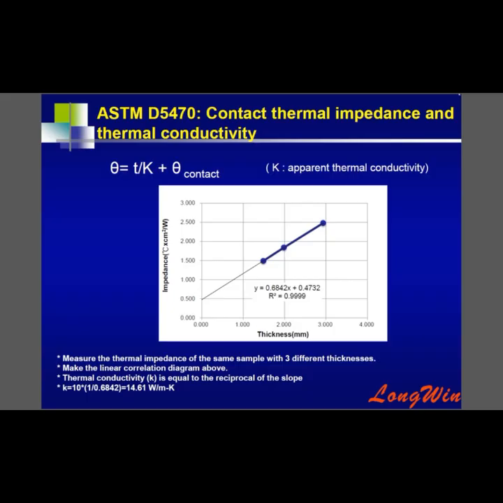But if we can know the contact resistance at first, then the total impedance minus contact resistance, we can get the material's resistance. And if we know the thermal impedance or resistance of the material, and we know the thickness of material, we can get its thermal conductivity. So in this case, if the thickness is constant, we can get the thermal conductivity without having 3 thicknesses.